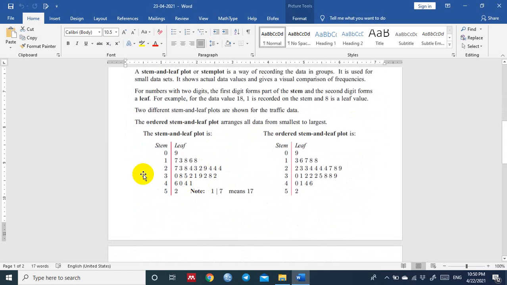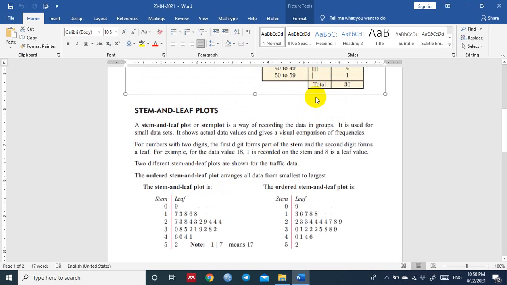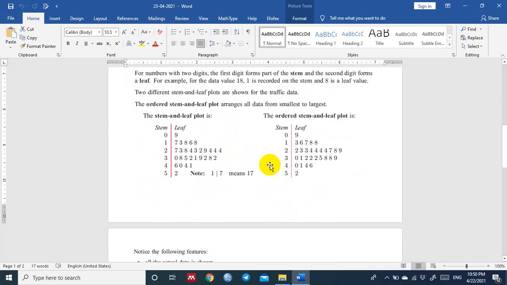And after that 27, 23, 28, 24, 23, 22, 29, 24, 24, and 24 here. So totally we have 9, 10 frequency here. Yeah, something like this.